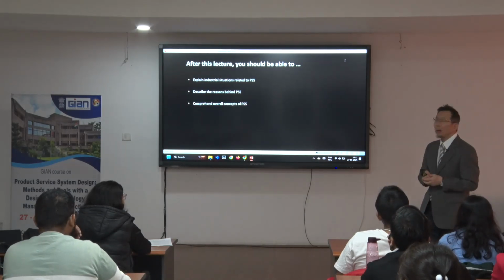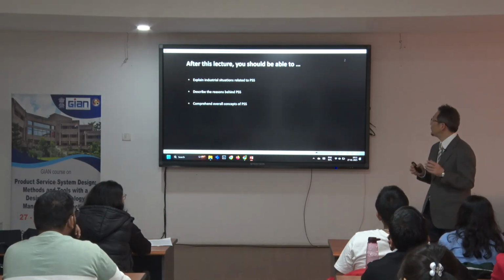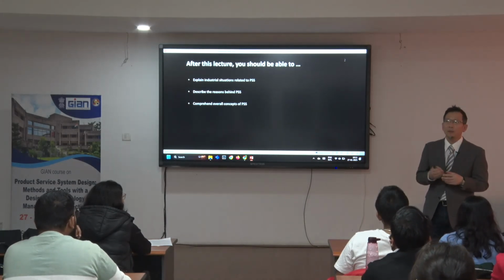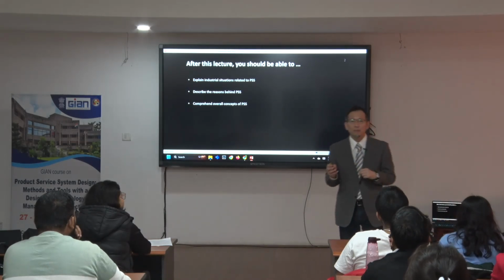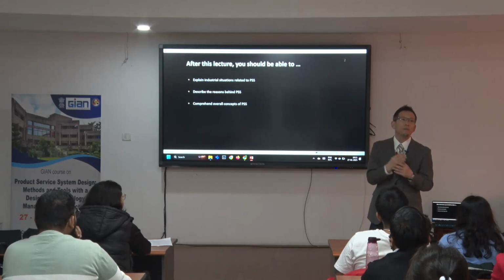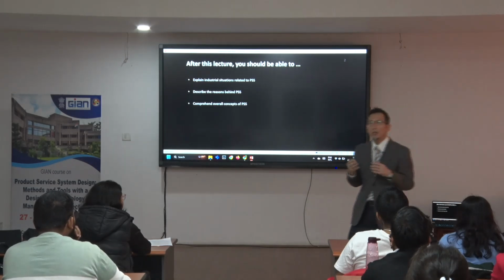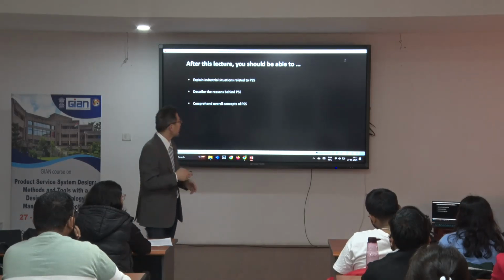Number three, you should be able to comprehend, understand deeply different overall concepts of product service system. In each of my 10 lectures, I will show this kind of slide so that at the beginning of each lecture you will understand the learning outcomes expected from each lecture. All right?